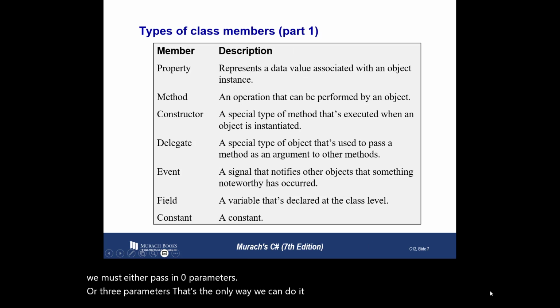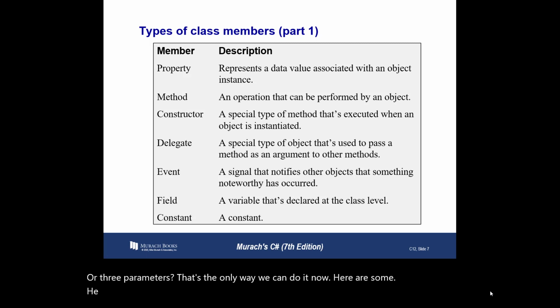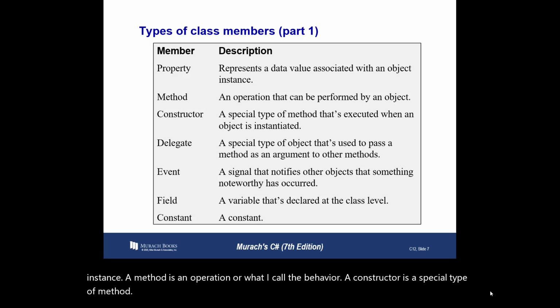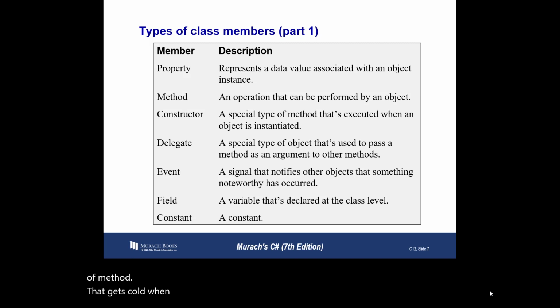Now, here's some terminology. They define a property as a data value associated with an object instance. A method is an operation, or what I call the behavior. A constructor is a special type of method that gets called when the object is created or instanced or instantiated.